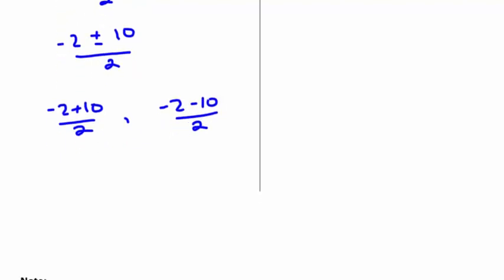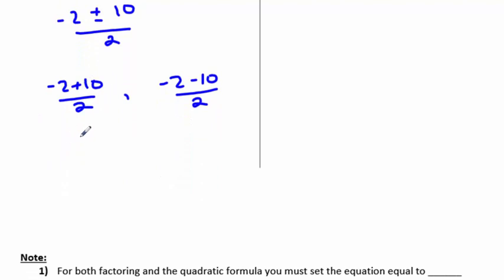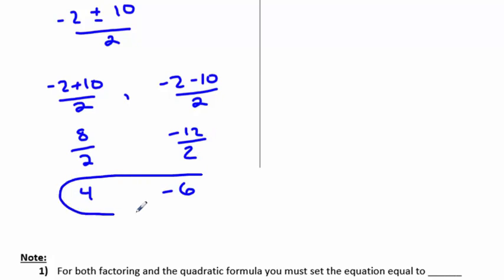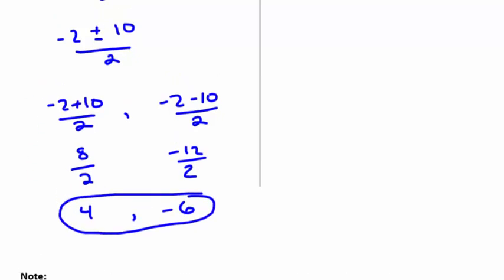Let's simplify each one. Negative 2 plus 10 is 8 over 2 is 4. And negative 2 minus 10 is negative 12 over 2 is negative 6. So the two answers are 4 and negative 6.